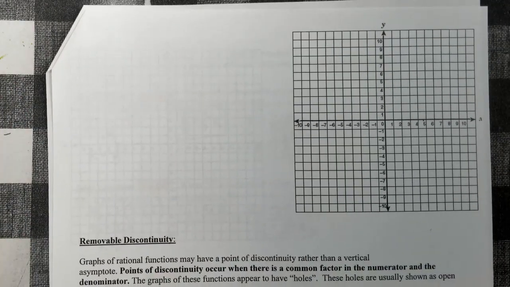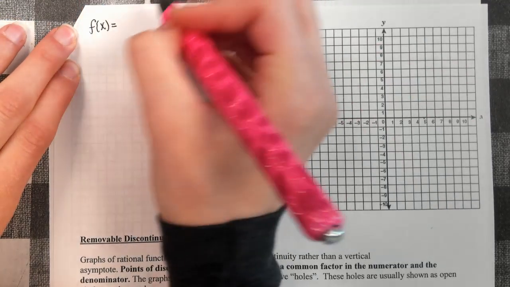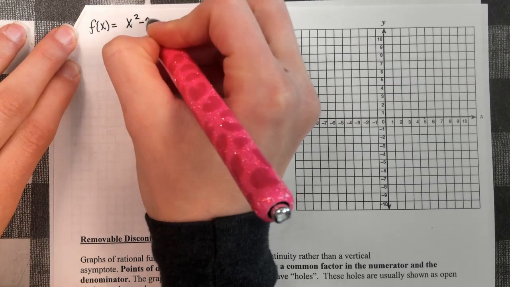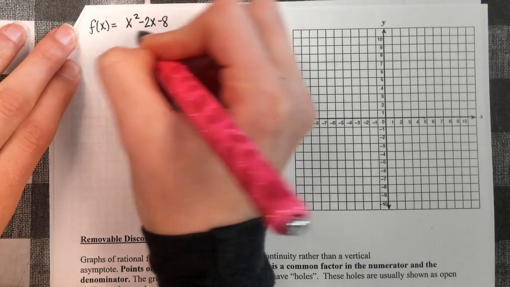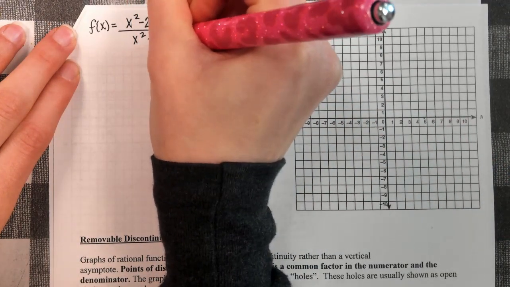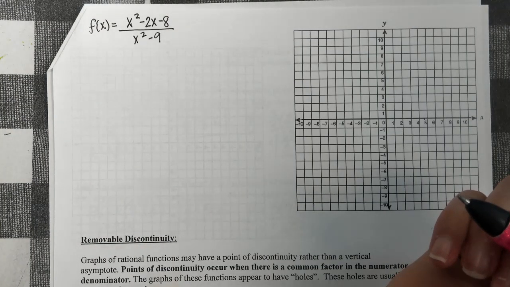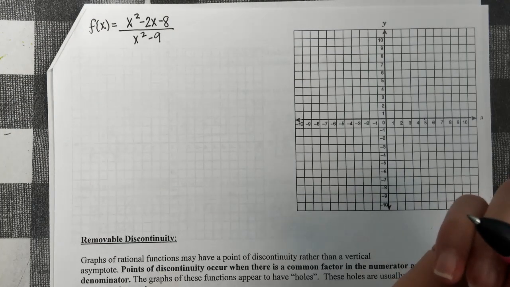All right, our next example, we have f of x equals x squared minus 2x minus 8 over x squared minus 9. Okay, I checked, can I factor that?